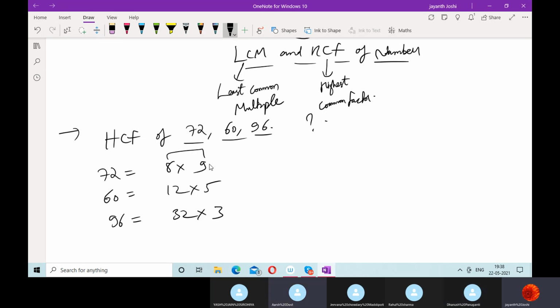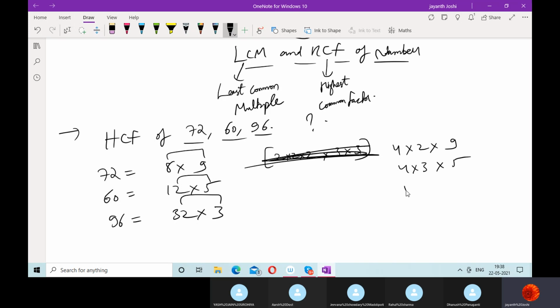Yes. Now again we would try to break. So what we can do? Find out common things in them. So we can write 4 into 2 into 9, correct? 4 into 3 into 5, correct? 4 into 8 into 3, correct? So 4 is there, correct? Yes, sir. Or else this 96 would go in 12.